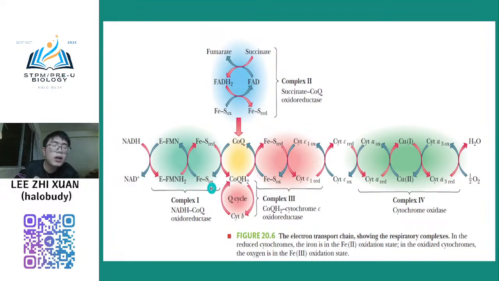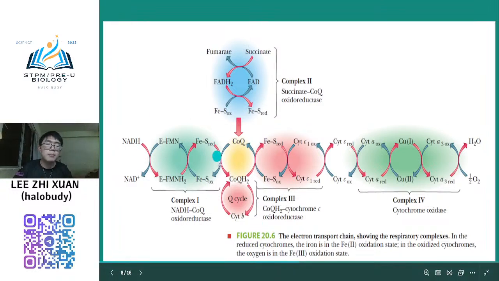Dia release electron kepada siapa? FeS lah. So dia akan release electron kepada FeS. So this is why it say the FeS oxidized form. This is oxidized form. So once the oxidized form release electron, it will undergo reduction to form the reduced form for FeS. Okay, so dia memang dia recycle punya.